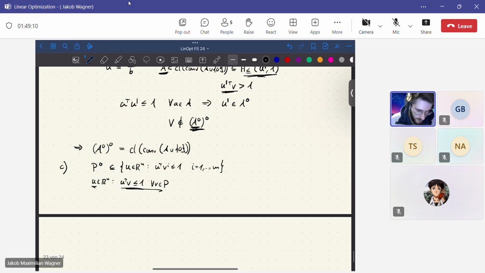For the converse direction, we need to show that any U that's in this set is also in the polar. So let X equal the sum over lambda I Vi, which, because P was this convex combination, we know that all X in this P satisfies such a description with lambda I summing up to 1.